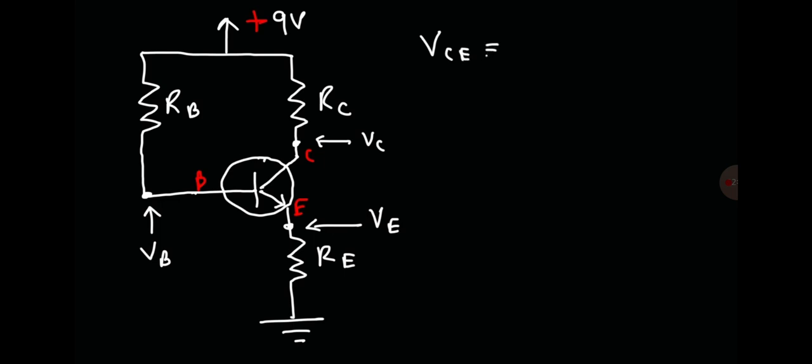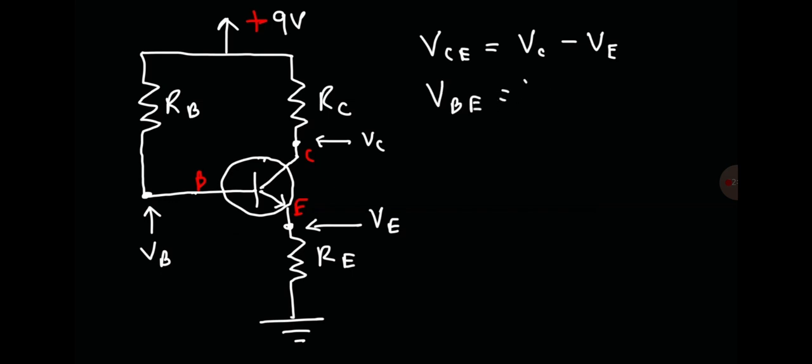VCE is the difference between potentials VC and VE. So if you connect a multimeter between point C and E, the voltage that you'll get is VCE. Now this here, if you connect a multimeter between those 2 points, that's going to be VBE.